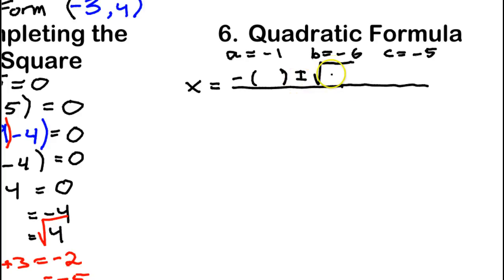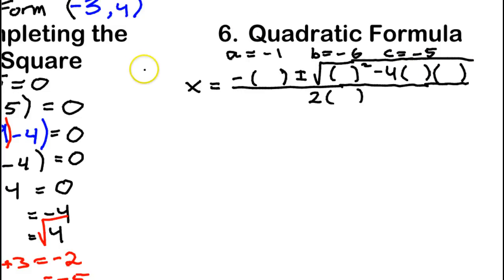We got the square root of B squared minus 4 times A times C, all over 2A. Good idea to start this way. If there's any mistakes here, it's not really algebra. It's more, oh, I forgot a negative, or I skipped a step. So a lot of people miss these not because it's difficult, but because they say it's too easy, and then they speed through it. So there's lots of little mistakes that can happen.